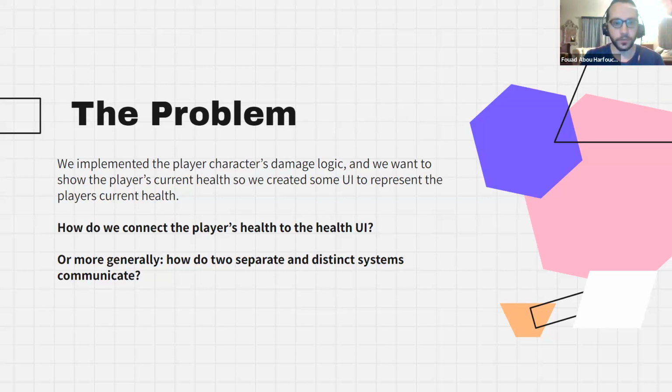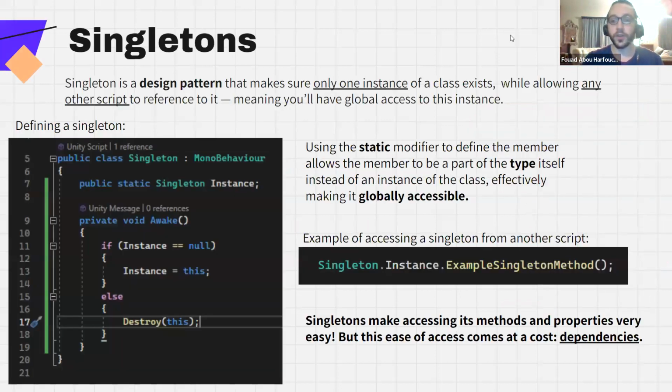So one way of doing this is using what is known as a singleton. Singletons are a design pattern. Design patterns in programming, think of them as blueprints that have been built to solve common problems that we encounter when developing applications.